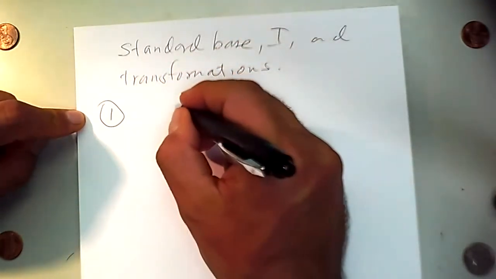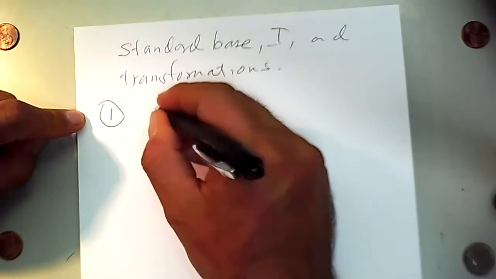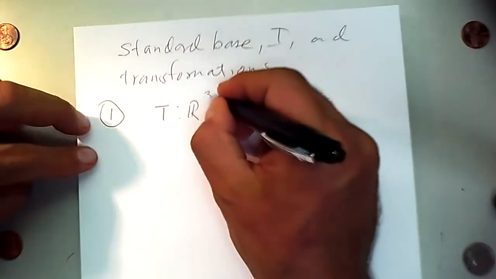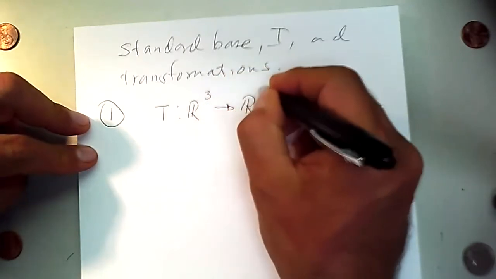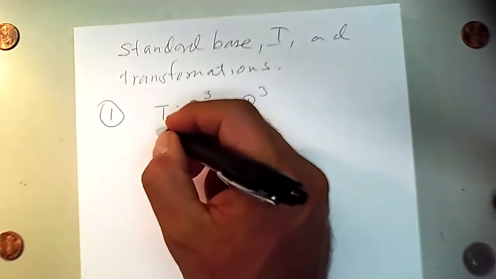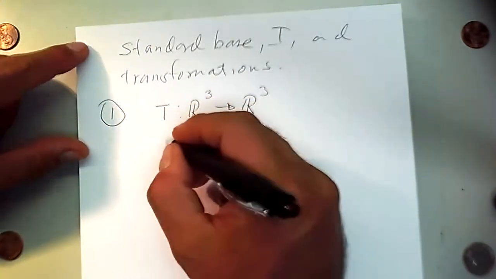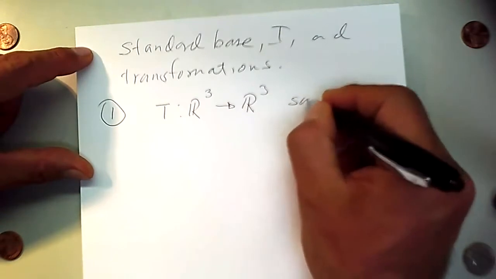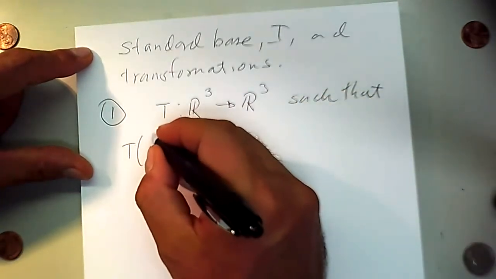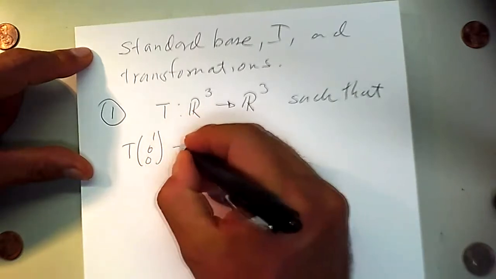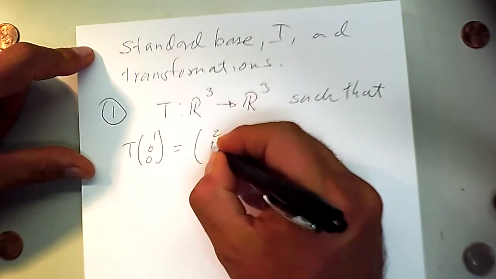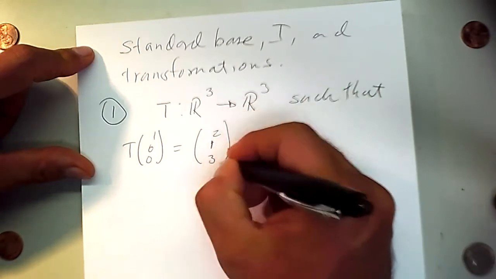Let's say we have a transformation T going from R cubed into R cubed, such that T of (1, 0, 0) is equal to, and I'm just going to make this up, 2, 1, 3.